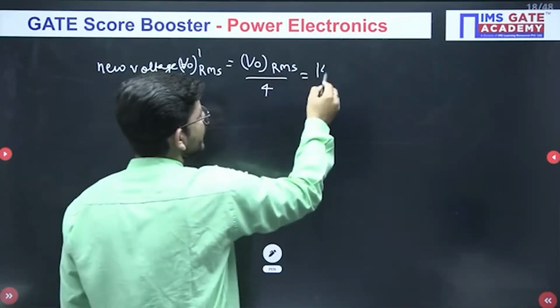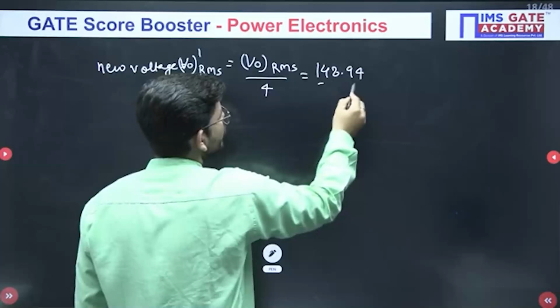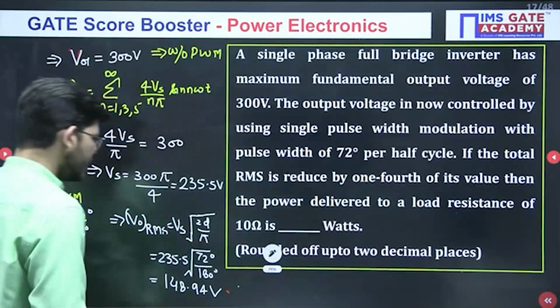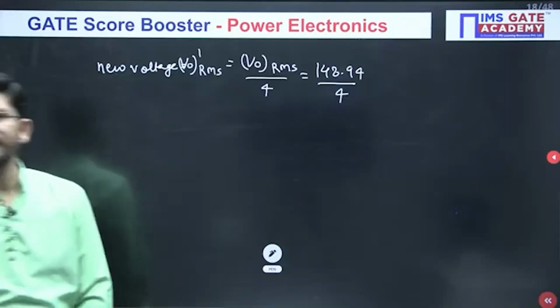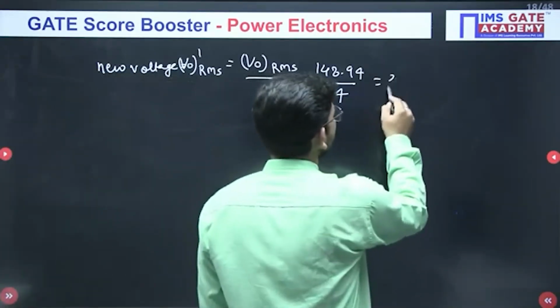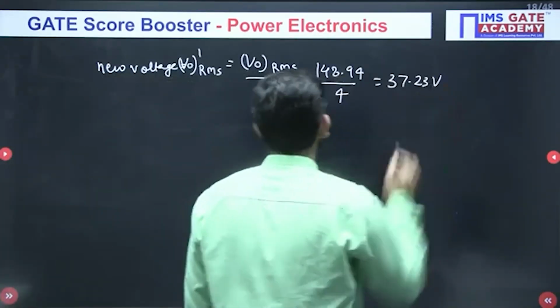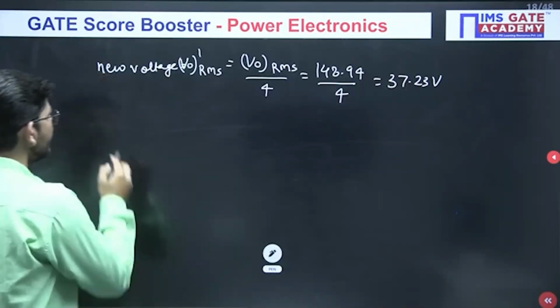So we have 148.94 divided by 4. Is that correct? Yes. When you divide it by 4, you get 37.23 volt. So this is the voltage that we have to use.